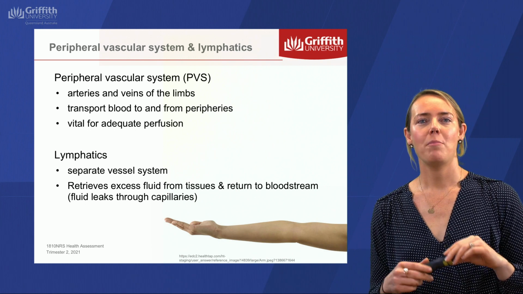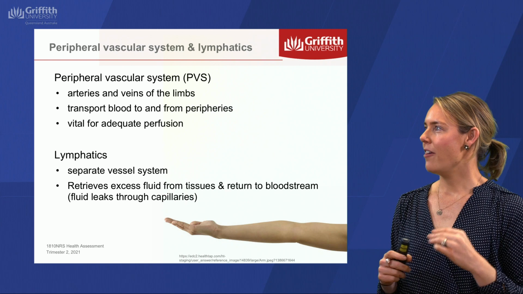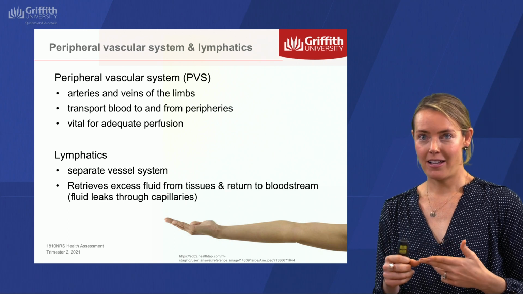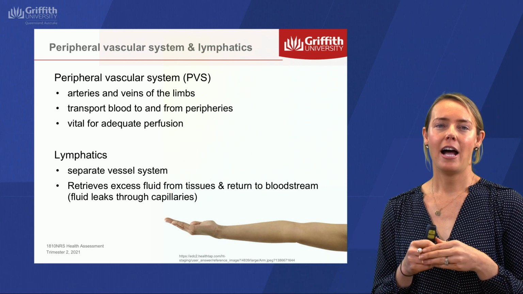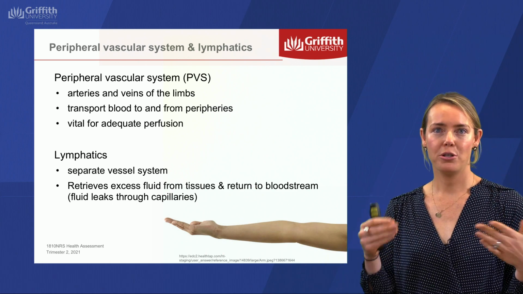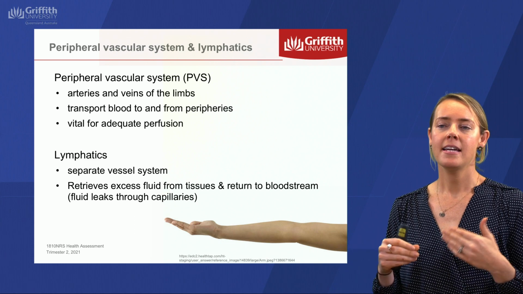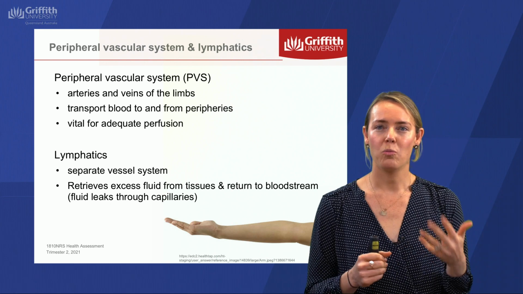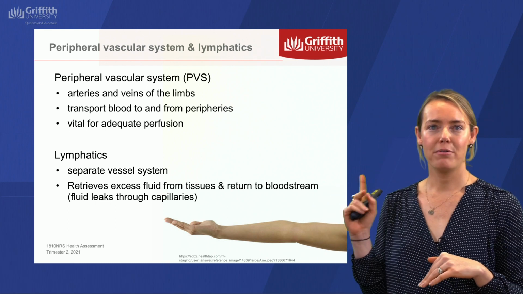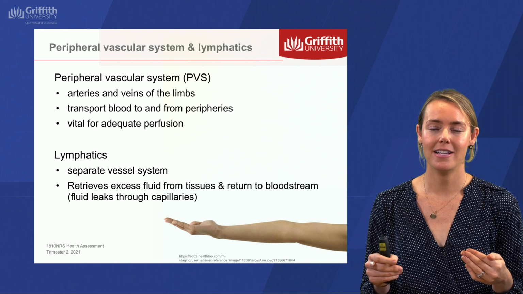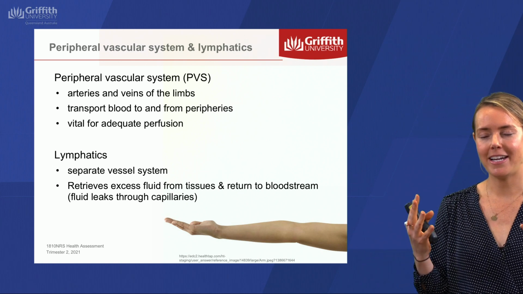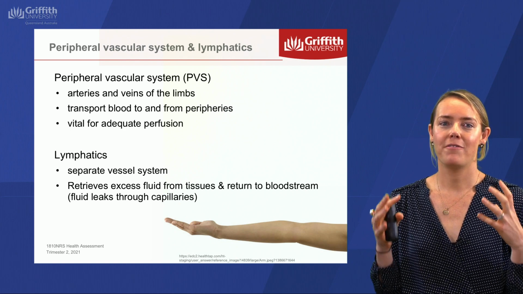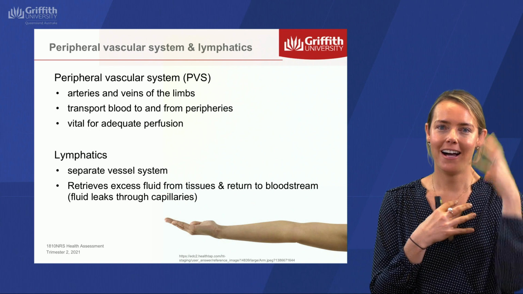So when we're looking at our peripheral vascular system, I've mentioned that it refers to the arteries and veins of our limbs, so our arms and legs. Its job is to transport blood to and from the peripheries, okay? And it's vital for adequate perfusion. When someone's unwell, that's when you see the peripheral vascular system become compromised, because the body understands that it's compromised, so it wants to preserve the good oxygenated blood for the heart and the head.